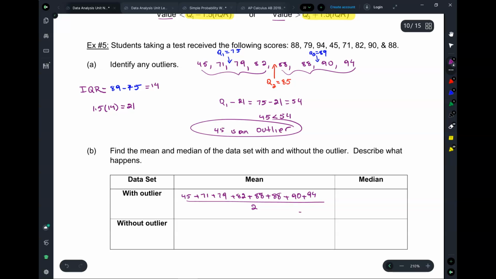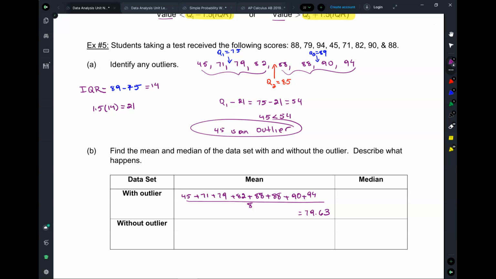And the mean is 79.63. I'm sorry, the mean. What should I divide by? 8. 11 was the previous one.